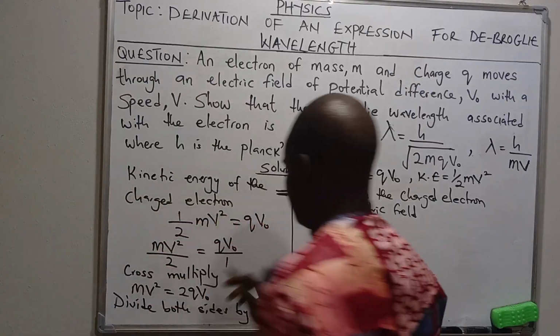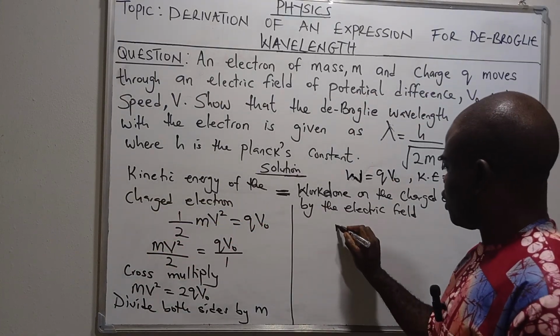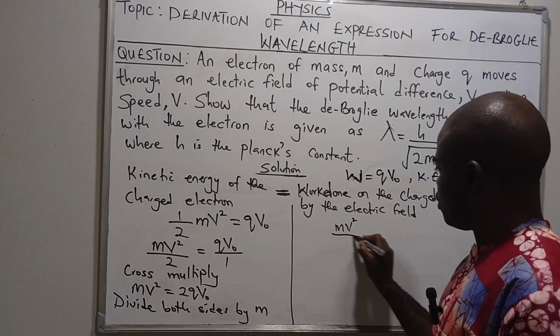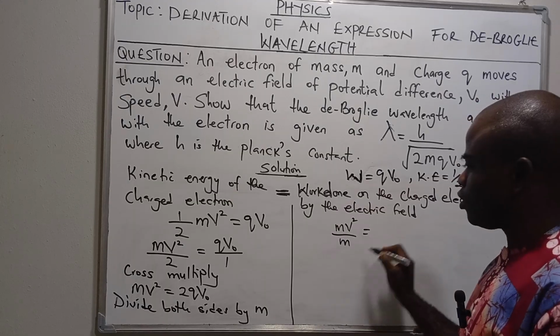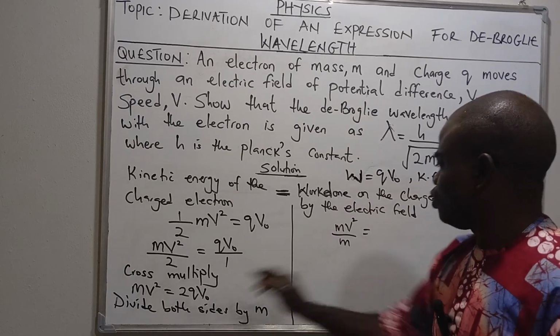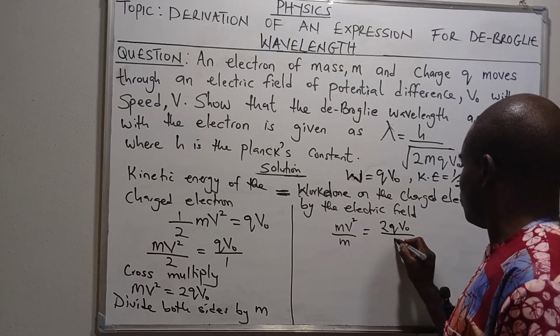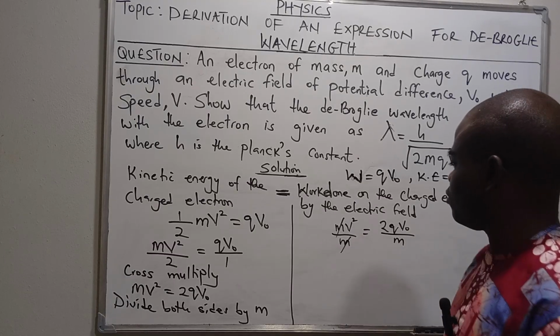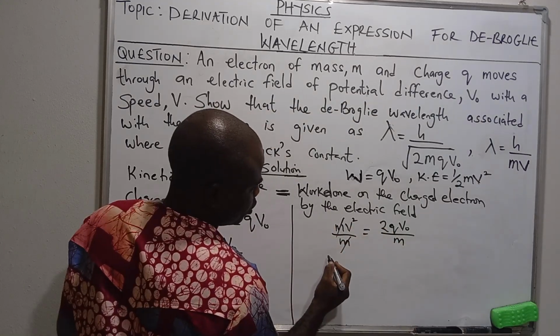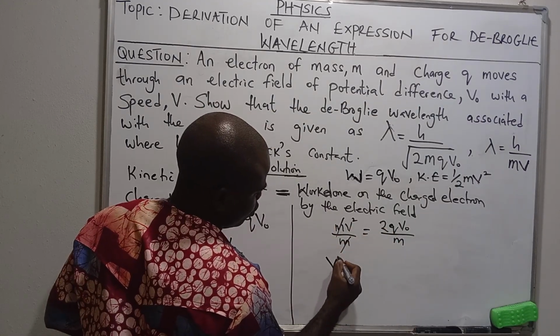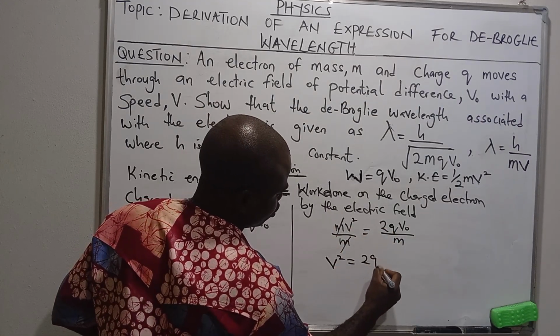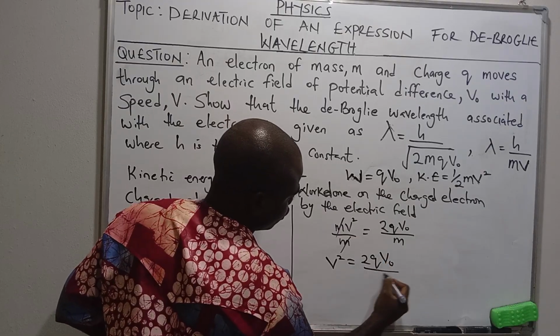You now have mv squared over m equals 2qV naught over m, cancel m. Now we are left with v squared equals 2qV naught over m.